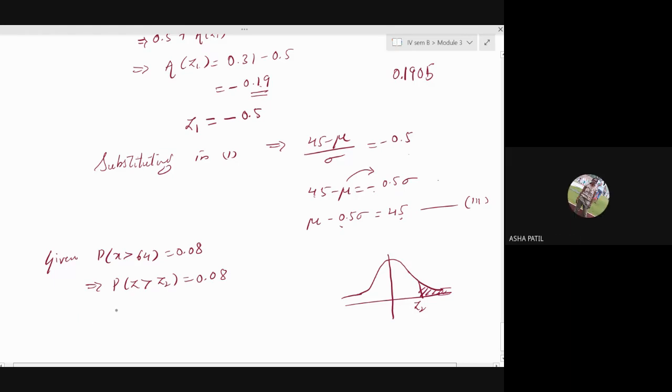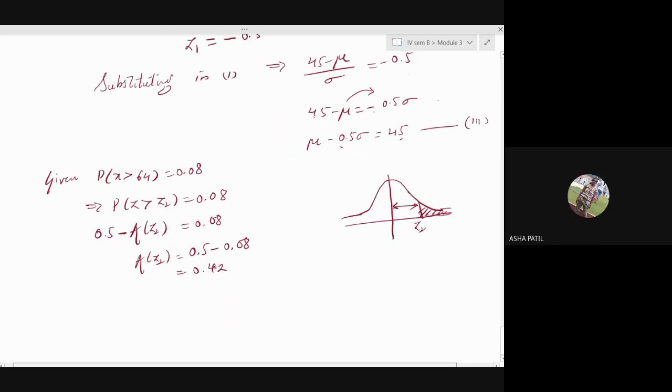Yes, total area to the right side is 0.5, minus we subtract this unshaded part, 0 to z2. That is A of z2, which is 0.08. We want A of z2. So what is A of z2? It is 0.5 minus 0.08, is it 0.42?